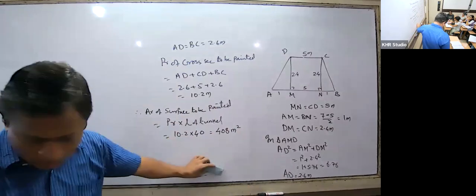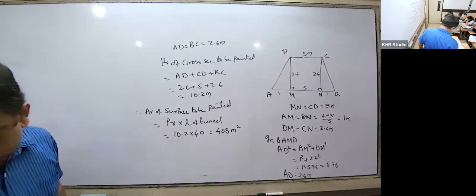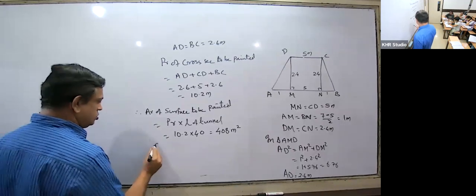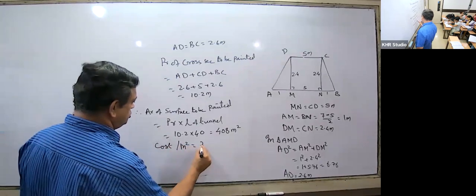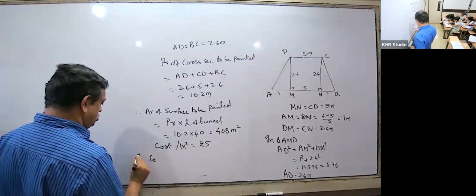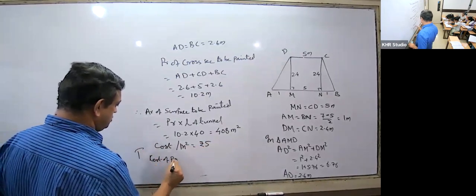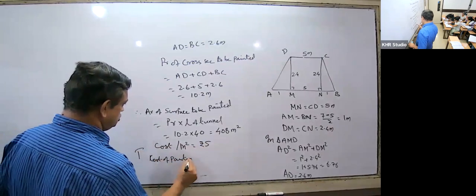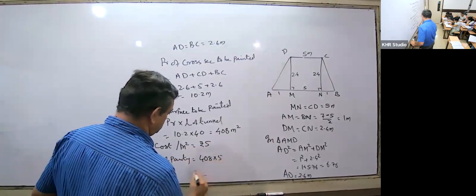Now cost per meter square is given as how much? Cost per meter square is equal to how many rupees? 5. Therefore, total cost of painting is equal to 408 multiplied by 5.